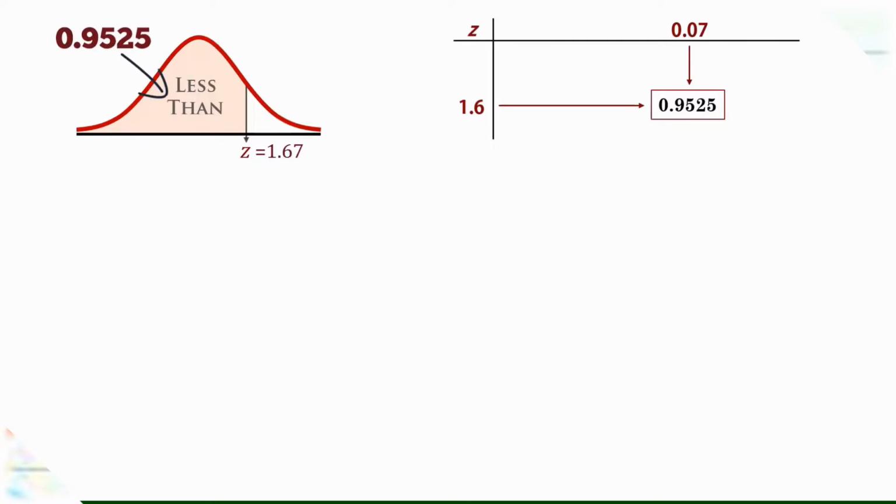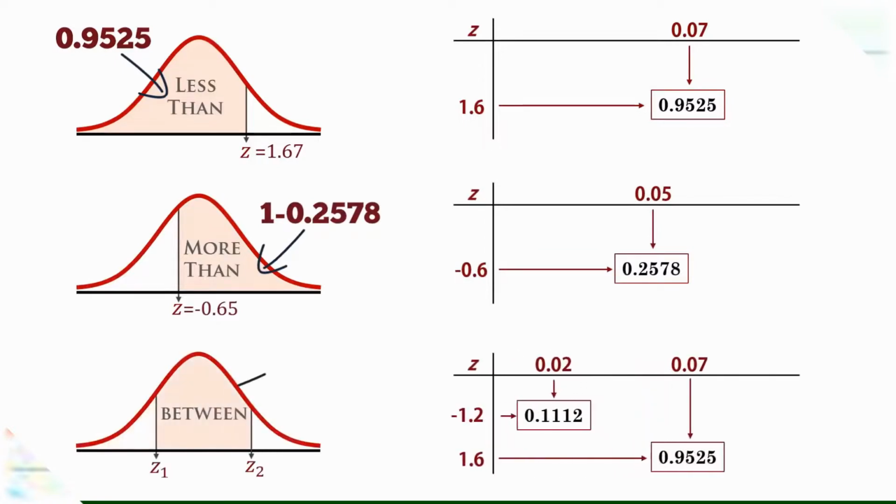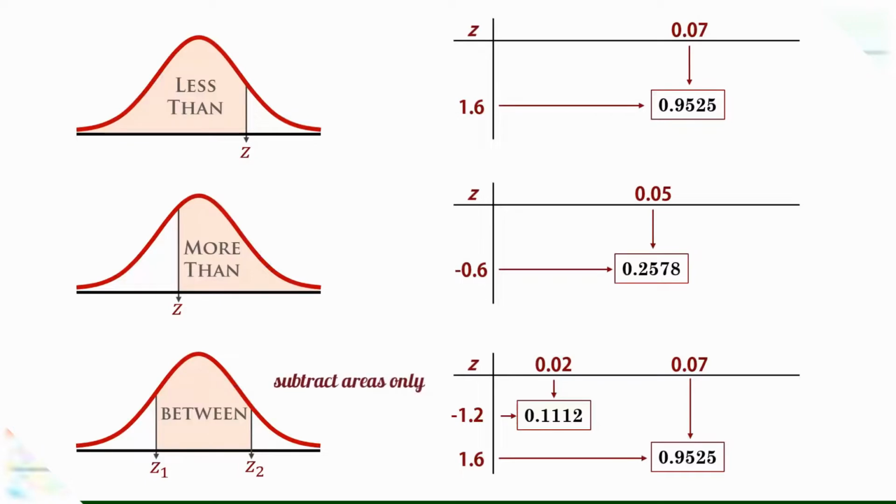So the answer for this one is 0.9525. But if it is greater than area, we subtract it from 1. For in between, we subtract the area of the larger z value minus the area of the lesser z value. Remember that we only subtract the areas, but not the z values.